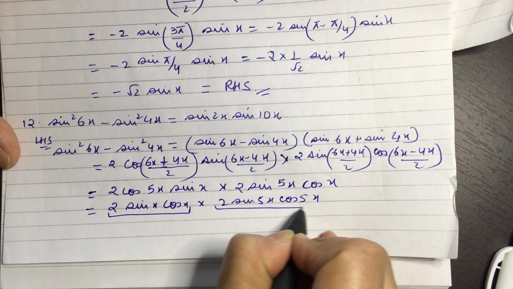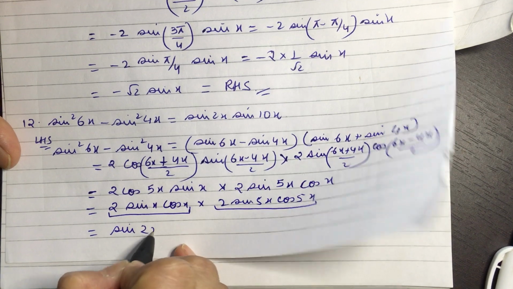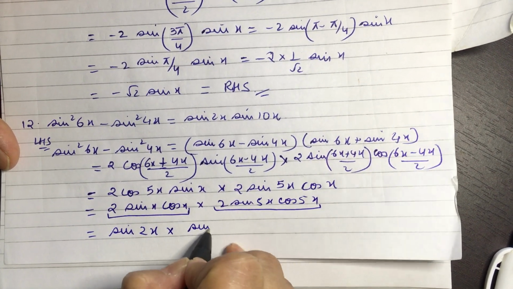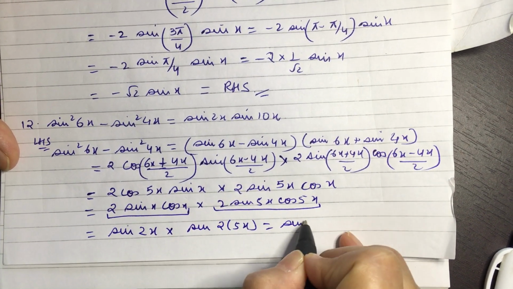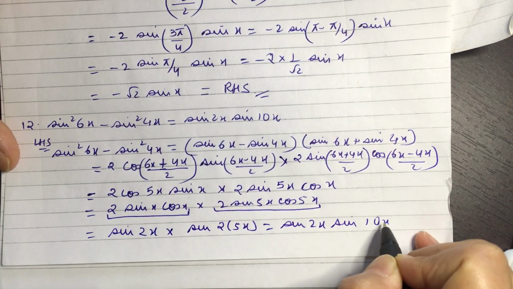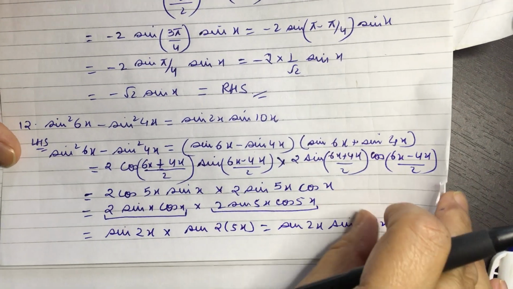This result, 2 sine x cos x, is nothing but sine 2x, and this result on the same lines would be sine of 2 into 5x, which comes out to be sine 2x into sine 10x, which is the same as the RHS, hence proved. Same way you can do the remaining questions, like question number 13, which is similar. Now let me take up question number 14.